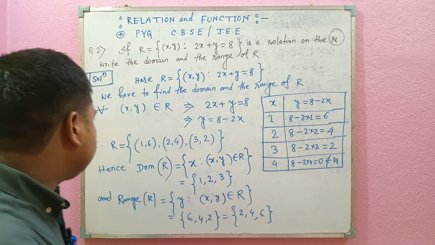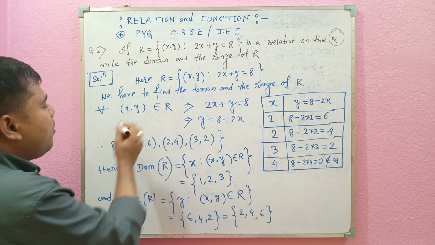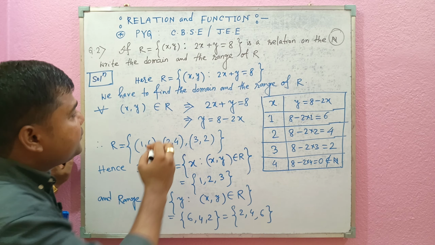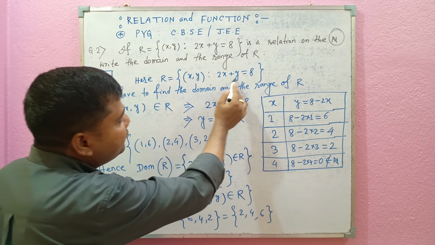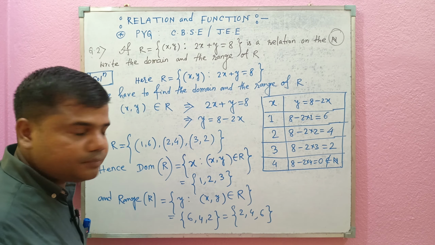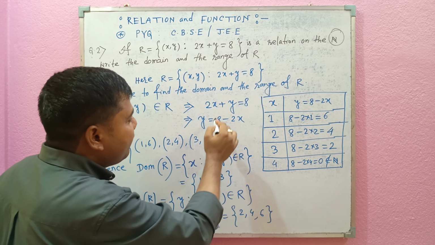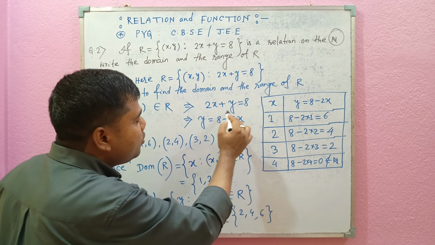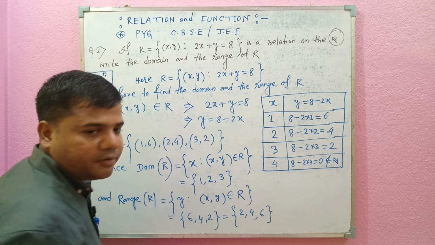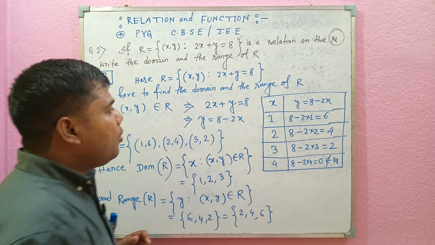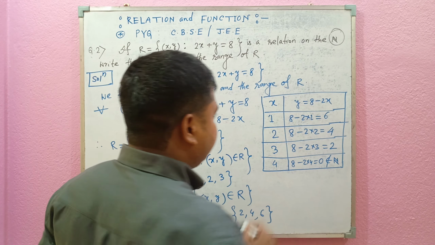For all x, y belonging to R, it implies that 2x plus y is equal to 8. Then we can find y is equal to 8 minus 2x. Now we have to check values.